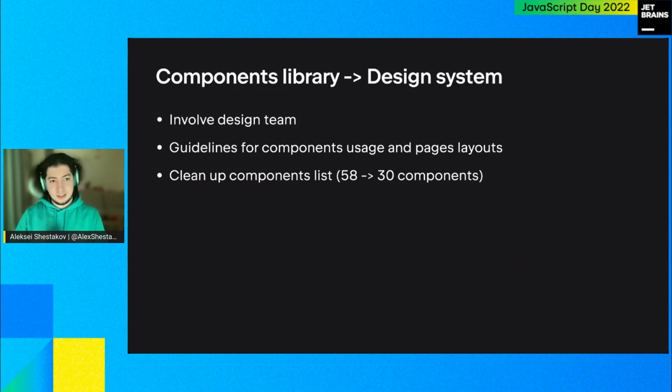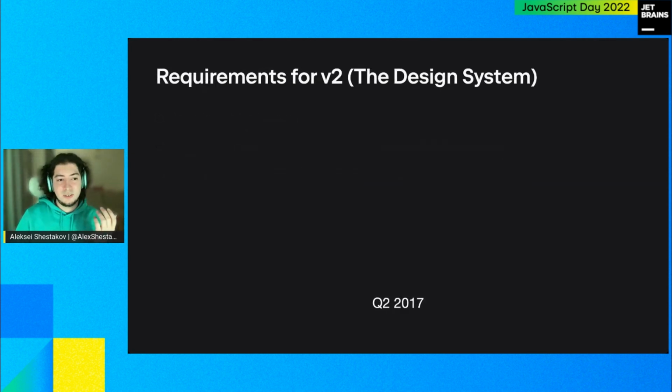And that was the point that I consider as going from a mere components library to a design system, because you can't have a design system without designers. With this in mind, we developed technical requirements for the design system.